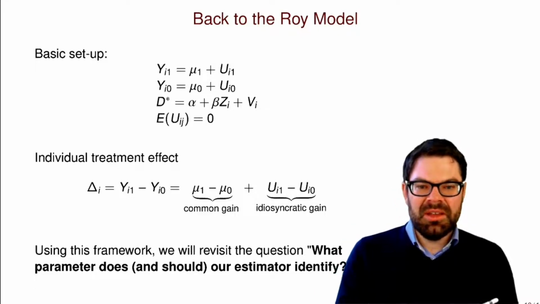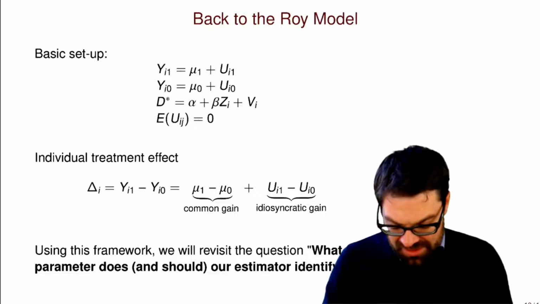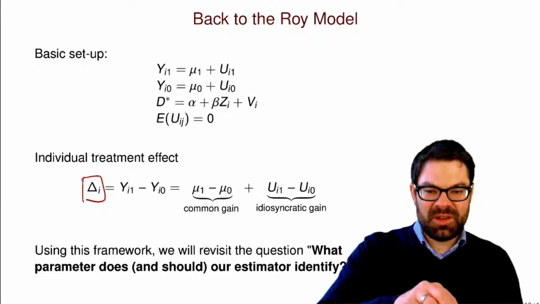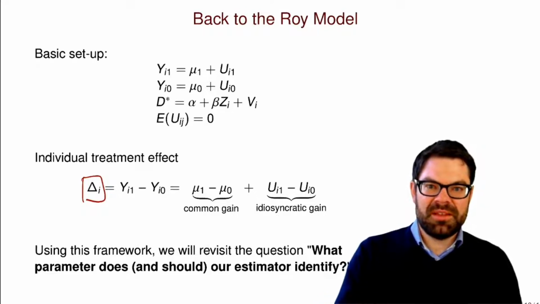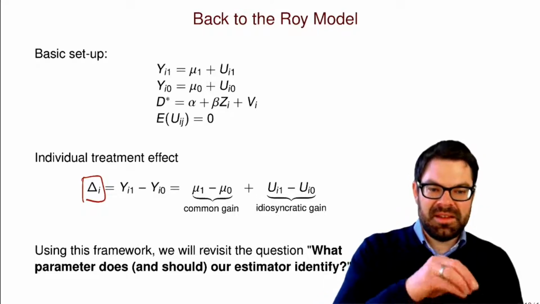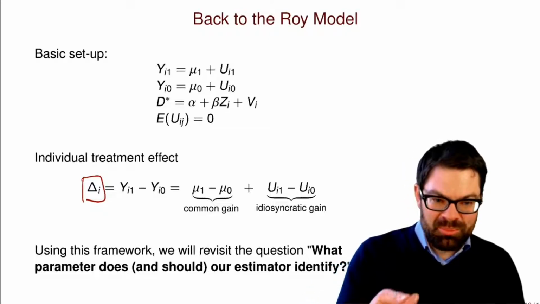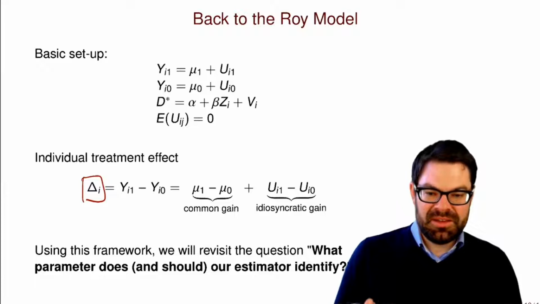Right? So here, we have the individual treatment effect delta I, which again has a common component to the treatment effect and an idiosyncratic gain. And so some people will gain a lot more from being treated and others not.